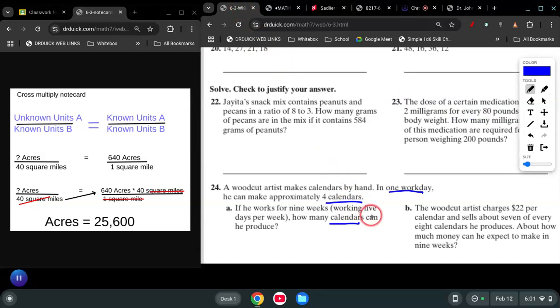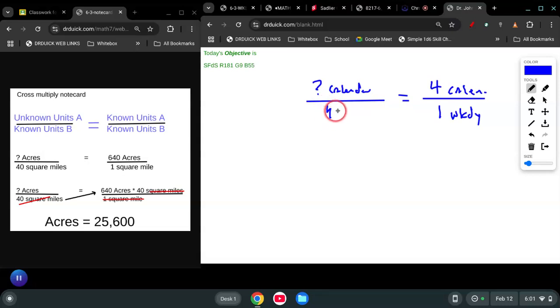So the question, how many work days do I go, right? 9 weeks, 5 days per work week. So I know that 9 times 5 is 45. That's fairly easy, right? So I work for 45 days, right? So let's do this. 45 times 4 equals my number of calendars.